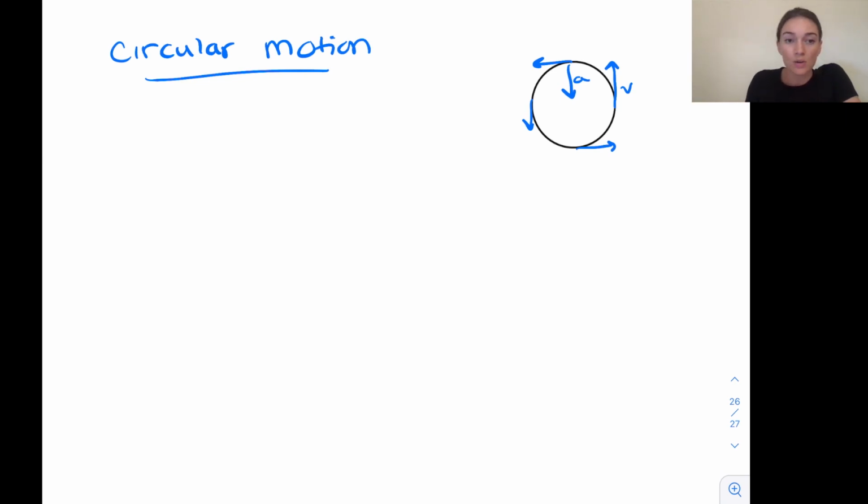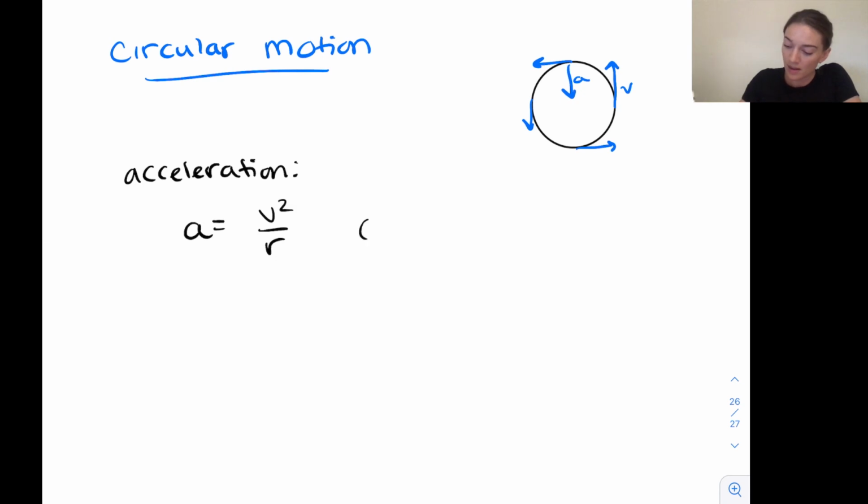So the acceleration is given by v squared over r. The acceleration is directed inward, and it's just the velocity squared divided by the radius. And this is measured in meters per second squared.